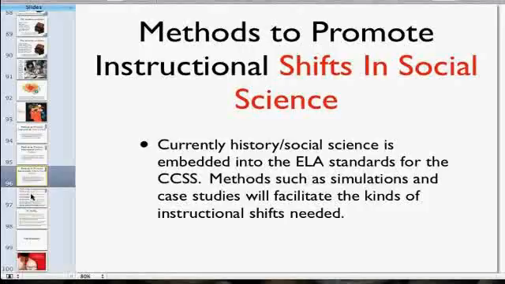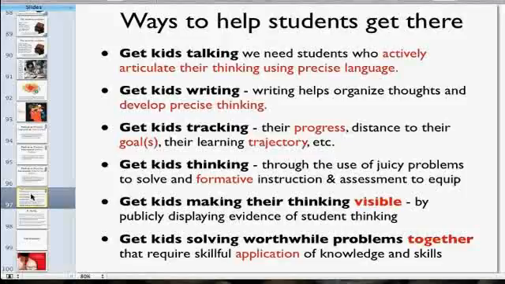So ways we can help students get there, whether we're a teacher or a principal or a librarian or what have you, or parent, policymaker. These are some ways that come from my work in translating neuroscience and cognitive science to educators.